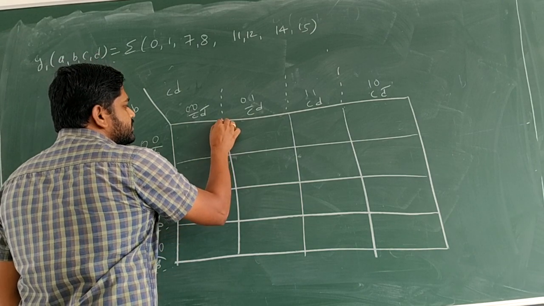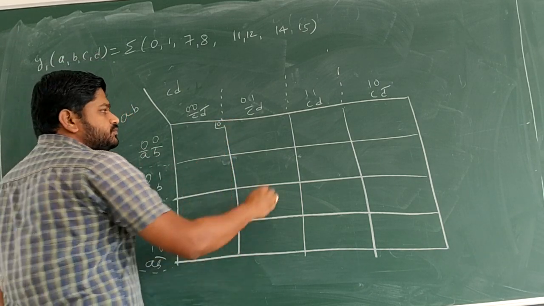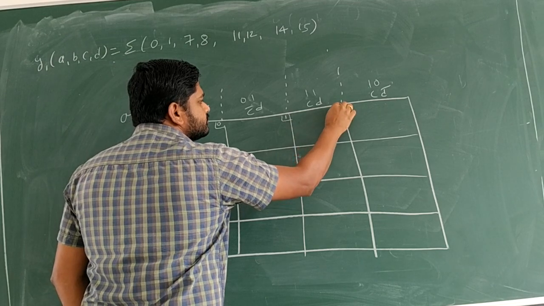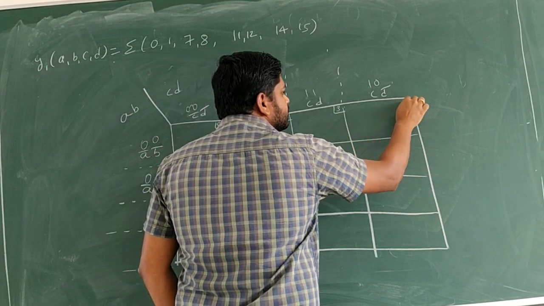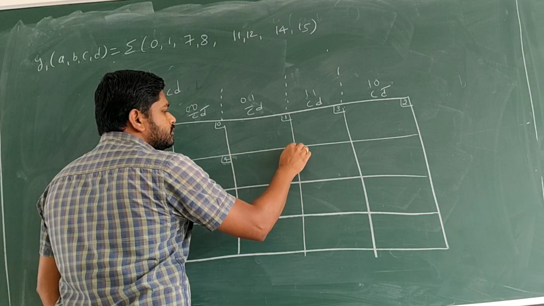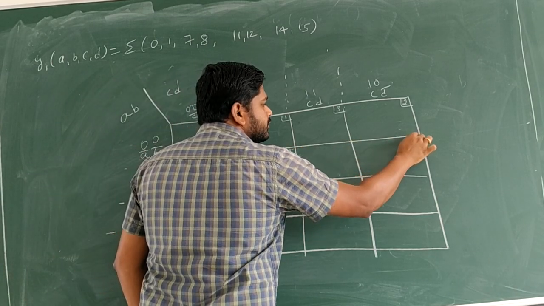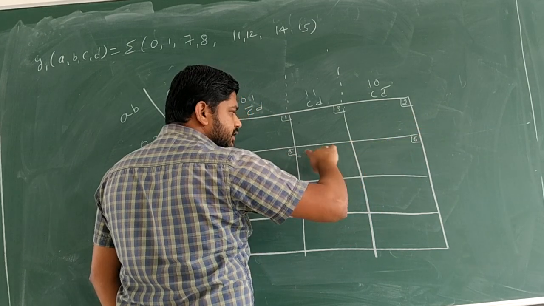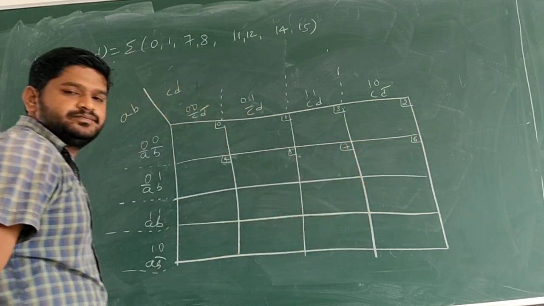Let's write the cell numbers. 0, 1, 3, 2, 4, 5, 7, 6. Right side, then now 7.